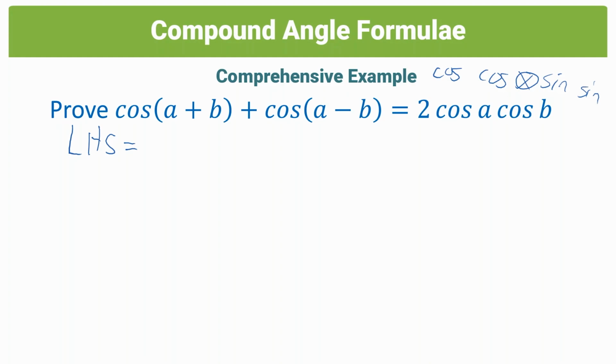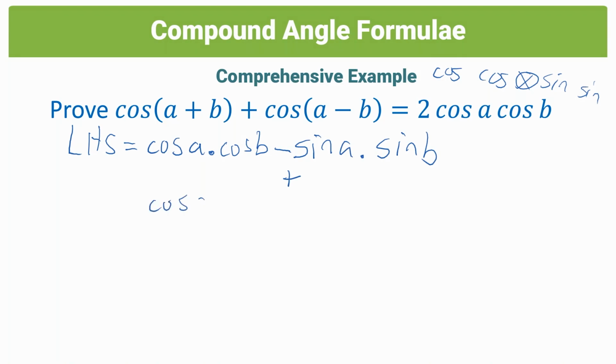So cos(A+B) will turn into cos A times cos B, and now we change the sign, minus sin A times sin B, and that's all added to cos A times cos B, and here, because there was a minus, we changed to a plus sin A times sin B.